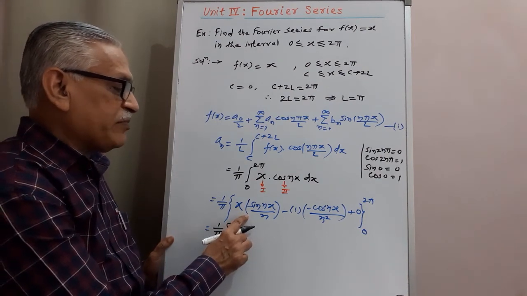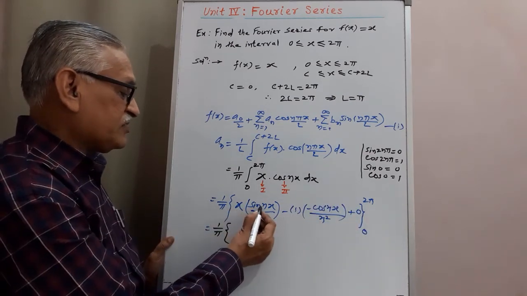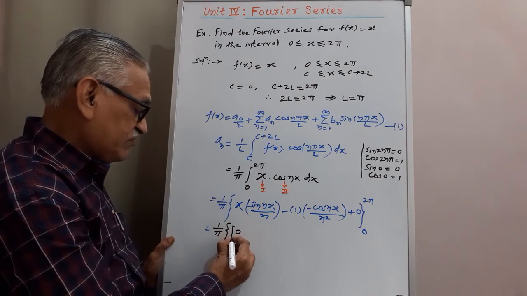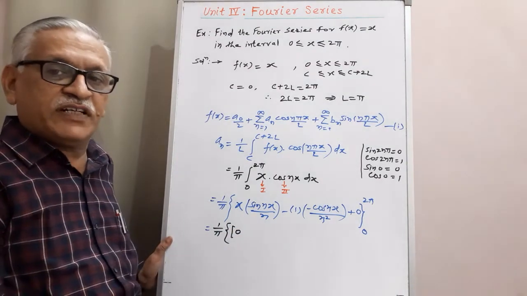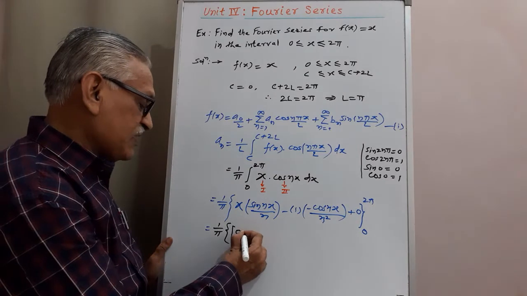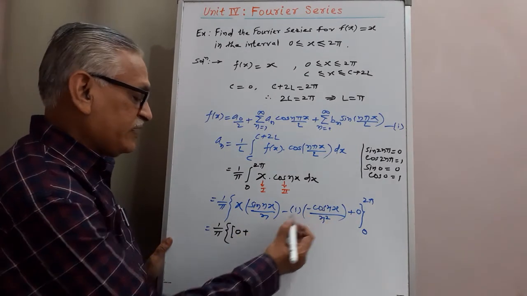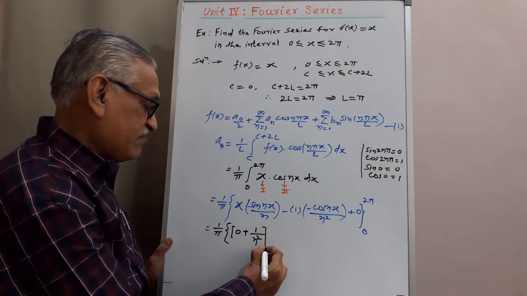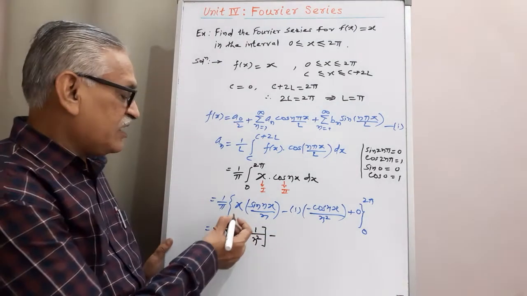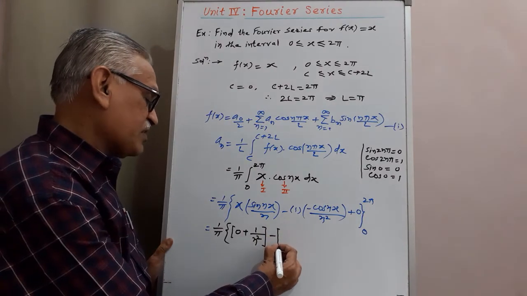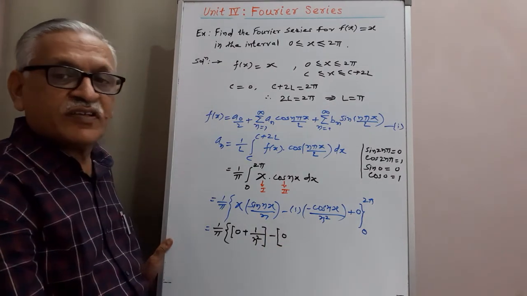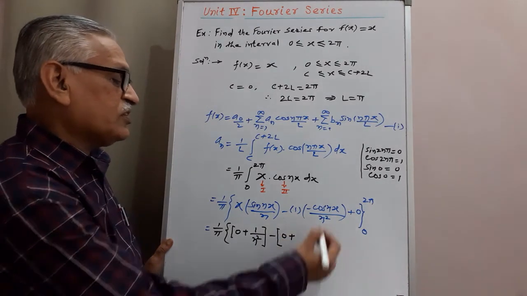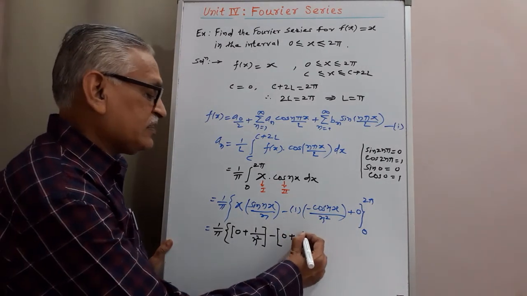When we substitute the upper limit as 2π, it becomes sine of 2nπ, and that sine 2nπ is 0. 0 multiplied by any number, we get 0. Minus minus becomes plus. Cos of 2nπ is 1, so it becomes 1 by n square, minus the lower limit. When x is 0, that term becomes 0, and plus cos 0, the value of cos 0 is 1.